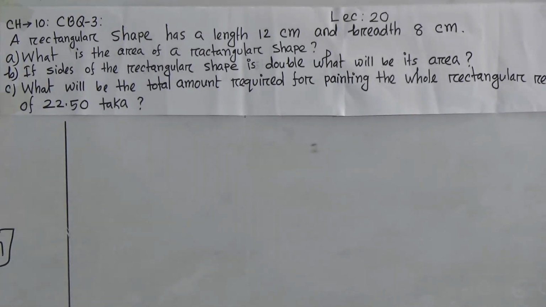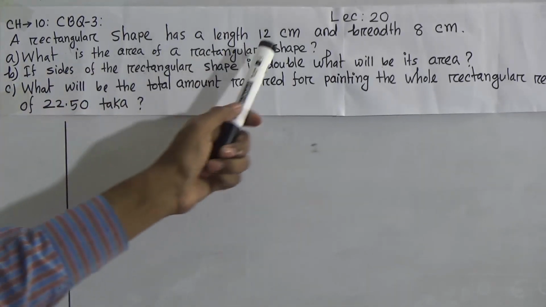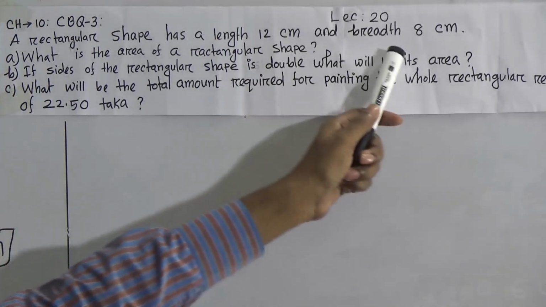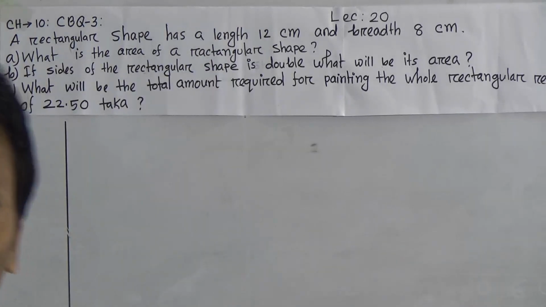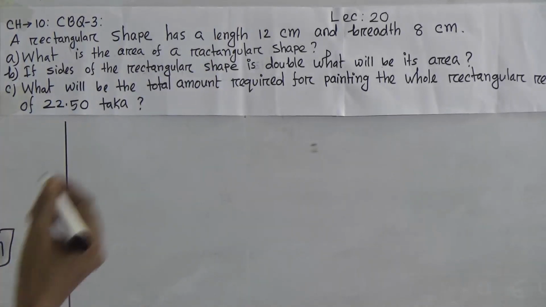Look, a rectangular shape has a length 12 centimeter and breadth 8 centimeter. This is the stem. Now A number question, what is the area of the rectangular shape?